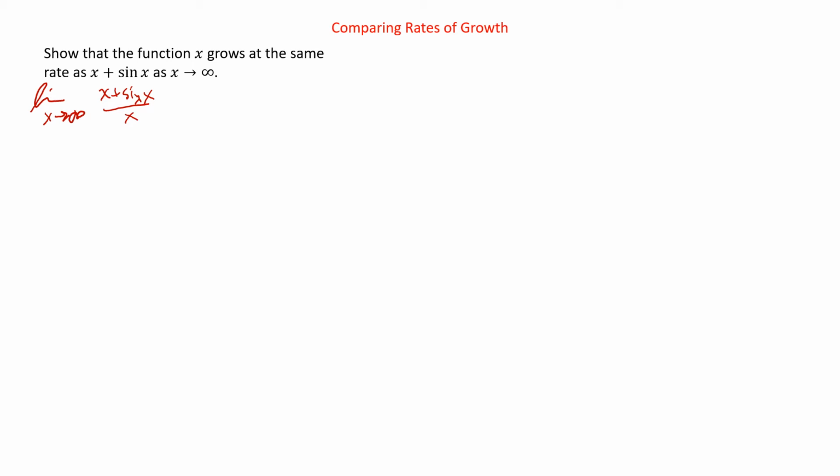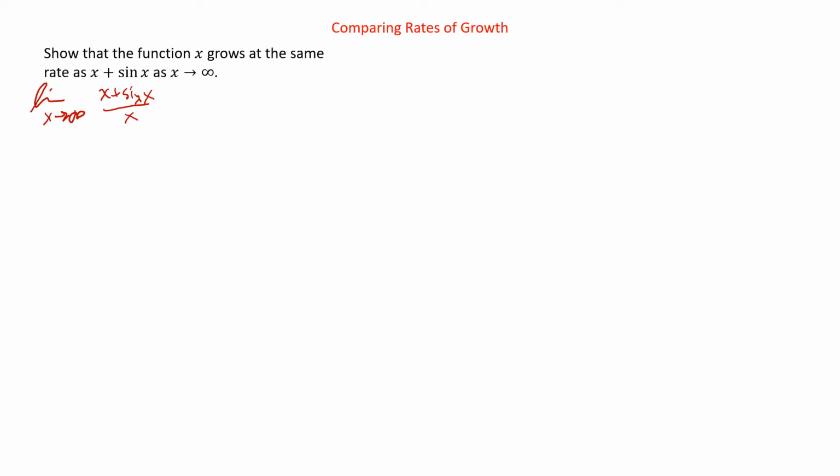But when x is 1,000, does it matter? Does that plus or minus 1 really make a difference when we divide by 1,000? I mean, 999 divided by 1,000 and 1,001 divided by 1,000 are basically the same, and 1,000 is still a relatively small value of x. So it should make sense that these are growing at about the same rate.